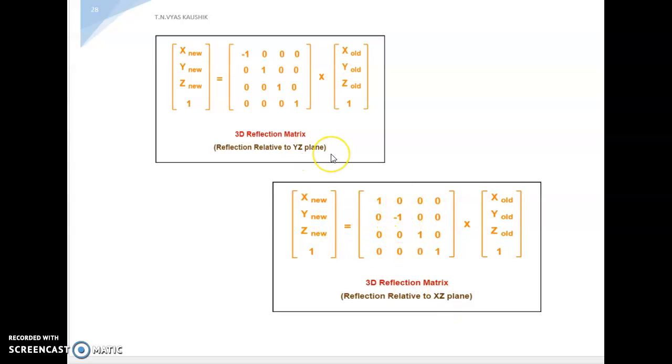So it is very easy to remember: which plane you are taking and which coordinate is not there in that plane. In yz, the x coordinate is not there, so that will become minus 1. In xz, the y coordinate is not there, so that will become minus 1. So this is the reflection matrix of 3D.